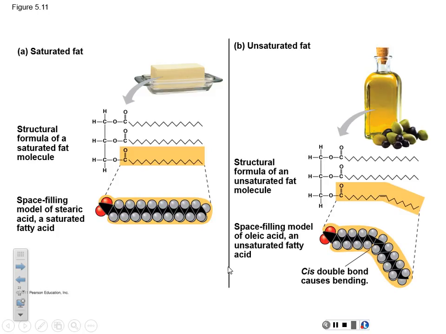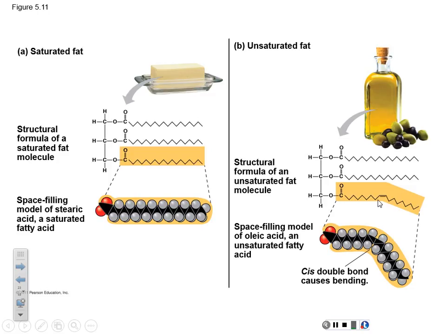Funny thing, saturated fats at room temperature tend to be solid. Ultimately, it's because they pack well against each other into a fairly regular matrix. They can hang out together in a nice compact space. That makes them solid. Unsaturated fats, because of those double bonds, have kinks, literally kinks in that carbon chain, and they can't really pack into each other that well because they've got this thing poking out at a weird angle.